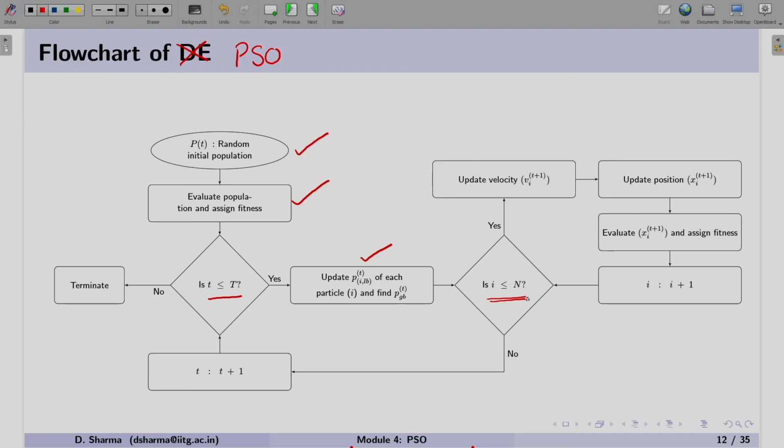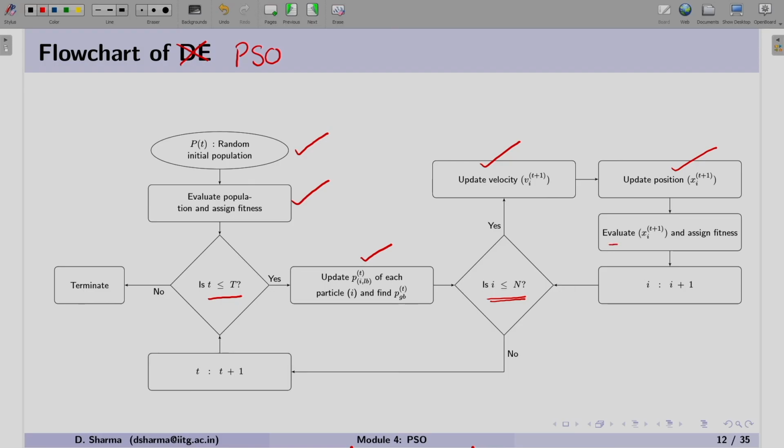The operations are done particle-wise. First, we update the velocity as given in the previous slide. Then we update the position. This new position will give me the new column vector.